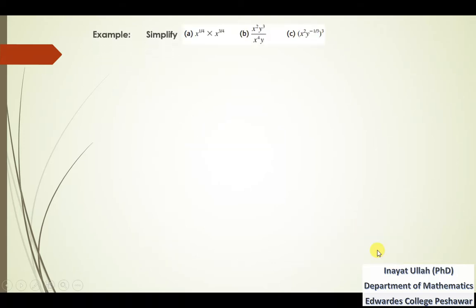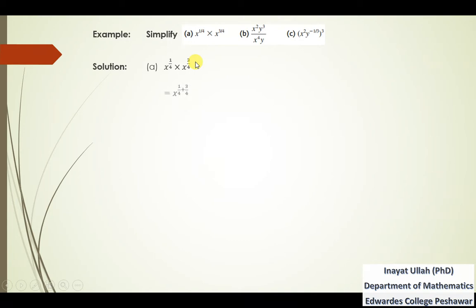Here is an example, and in this example we are going to simplify x power 1 by 4 multiplied by x power 3 by 4, and parts B and C as well, by using the laws of exponents. Now taking the first part A, we see that the bases are the same. So whenever the bases are the same, powers will be added.